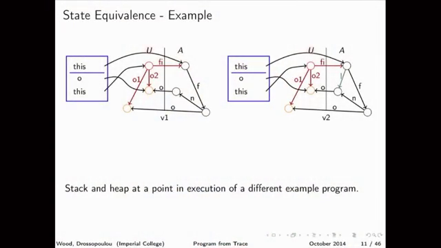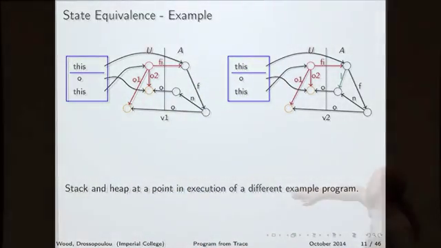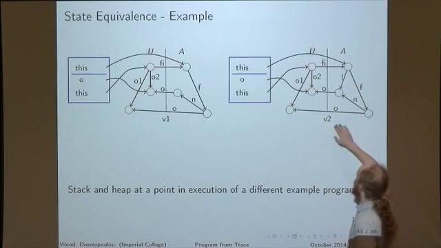So what do I mean by have the states correspond? Well, we're going to say that they correspond when the stack and the heap have the same shape if we throw away all of the affected objects. So this is stack and the heap. This is from version 1, this is from version 2.